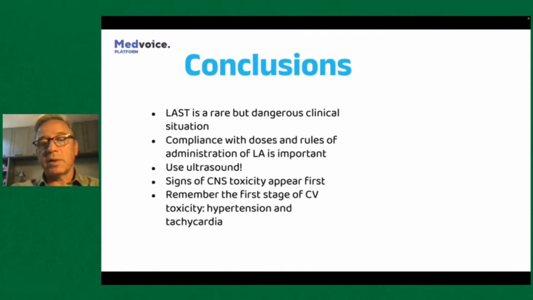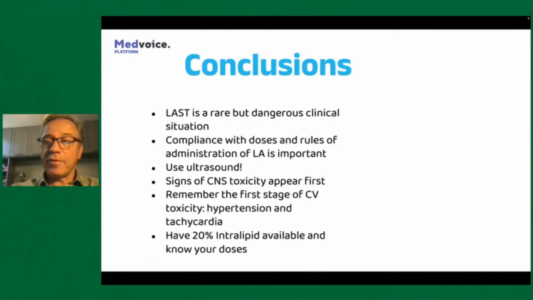If it's crashing blood pressure, bradycardia is the second stage, it could be too late. So treat hypertension and tachycardia very suspiciously, and have your 20% intralipid available in all clinical areas, and know your doses. So 1.5 mils per kilogram as a first dose, 1,000 mils per hour.